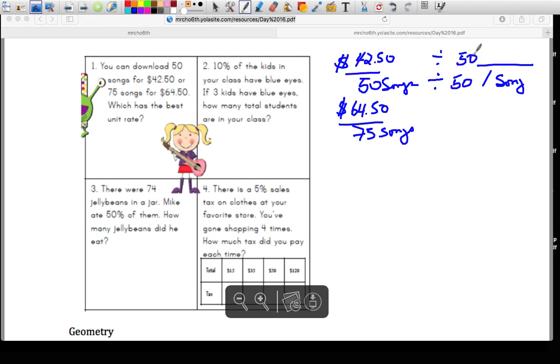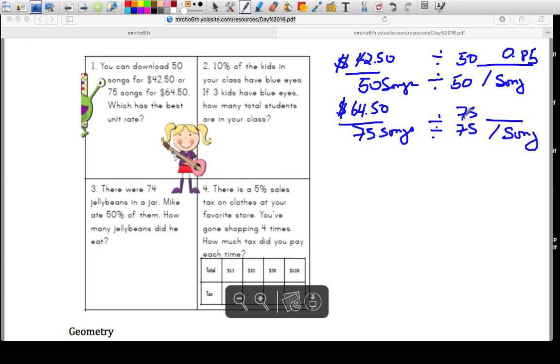So I will get 42.50 divided by 50. Let's do that on the calculator. 42.50 divided by 50 gives me 85 cents per song. For the bottom, I want to divide by 75, and the top by 75. 75 divided by 75 gives me one song.